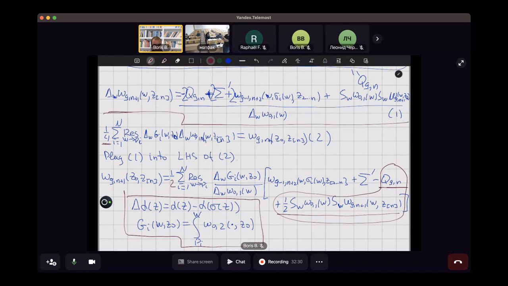This guy has a double zero, and the whole prefactor has a simple pole. But we need to discuss why no more than a double zero for the denominator.